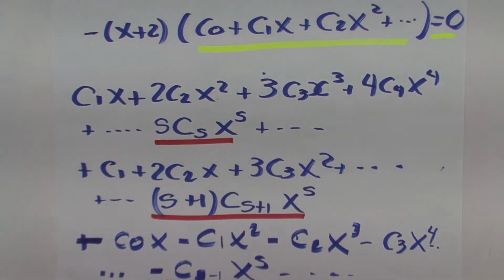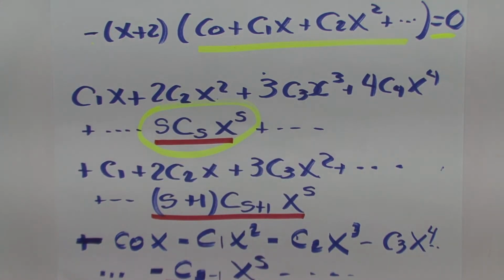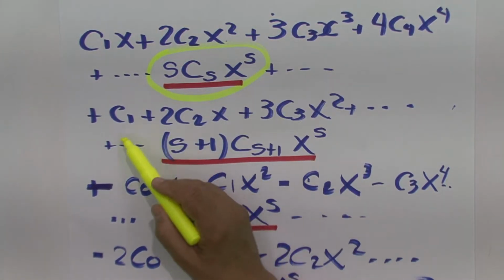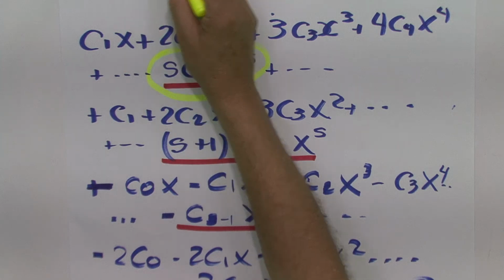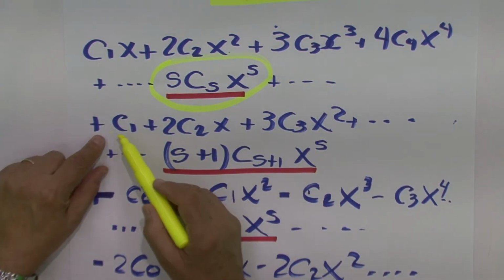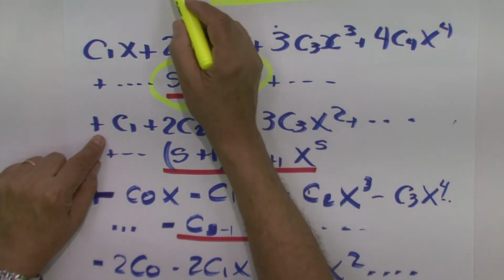So this is a generic term. I kept a generic term here, right? Which is x times the derivative of the series. The second part of the equation, which is 1 times this, this is already the term. So the 1 times this is C1, is the series, right? Is this term here.